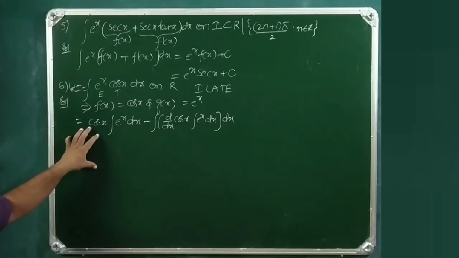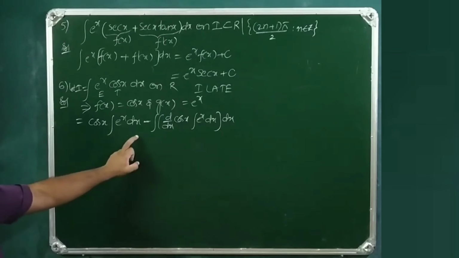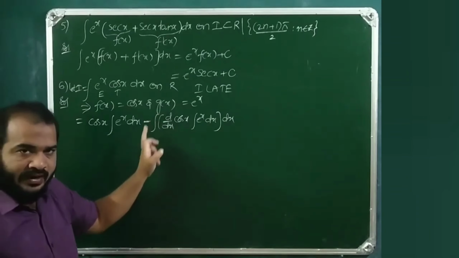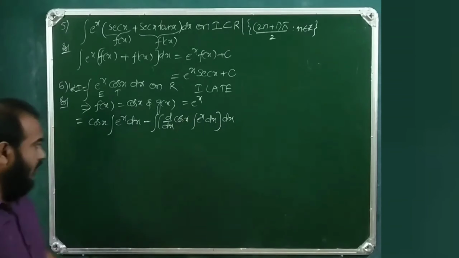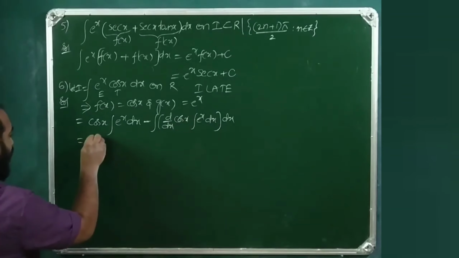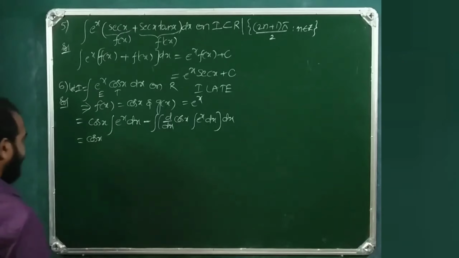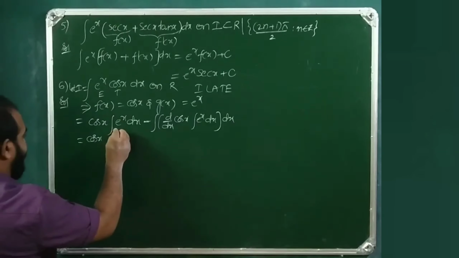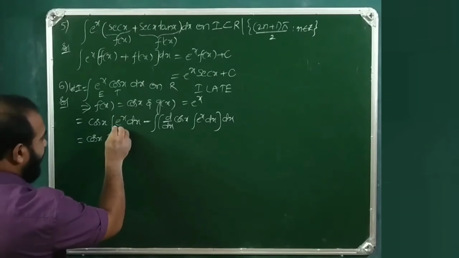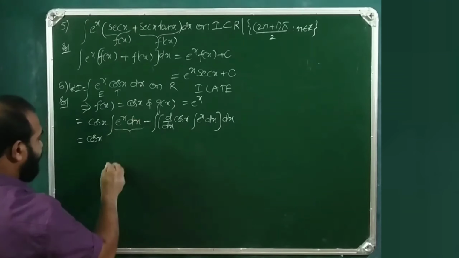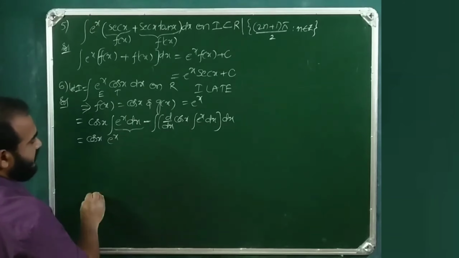Integral f of x into g of x dx is equal to f of x into integral of g of x dx minus integral of d by dx of f of x into integral of g of x dx whole dx. This is equal to cos x into integral e power x dx, which is e power x.